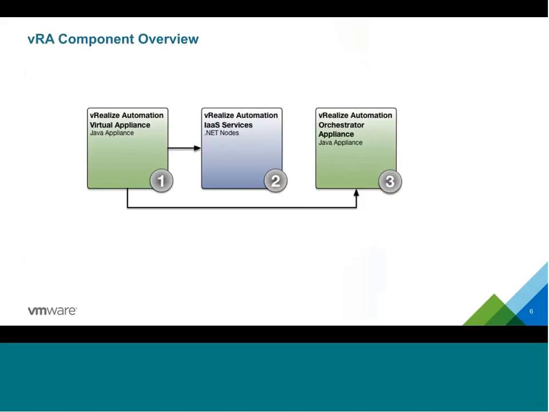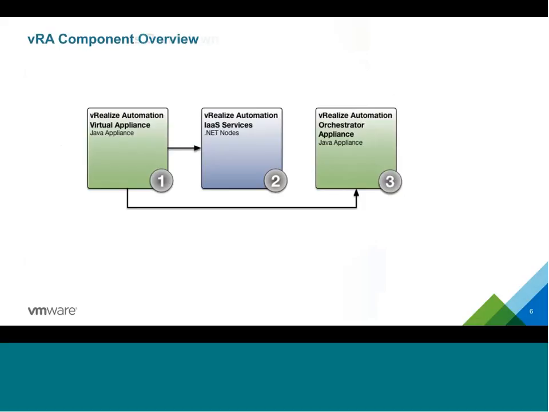When you say vRealize Automation, it comprises three things. First is the vRealize Automation Virtual Appliance, a Java-based appliance. The second is vRealize Automation IaaS services, or infrastructure as a service services, which are based on .NET. And again, the vRealize Automation Orchestrator appliance, which may be internal or external. It's again a Java-based appliance. So typically, these three components are the major components of the VRA solution.